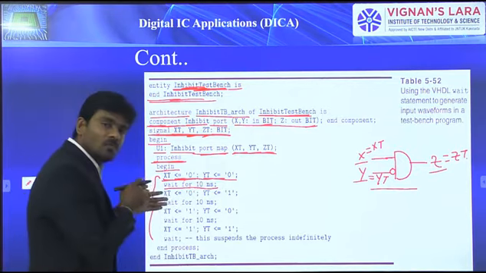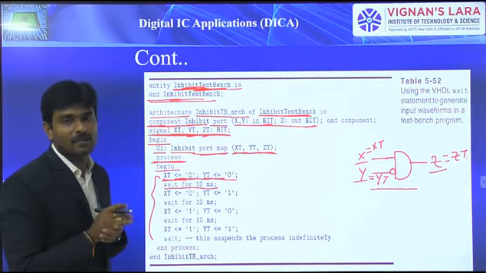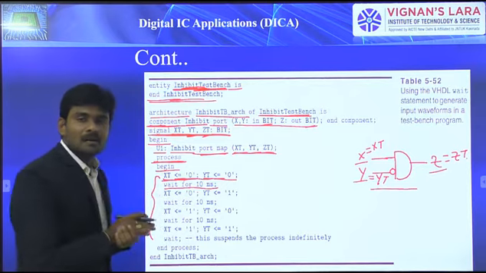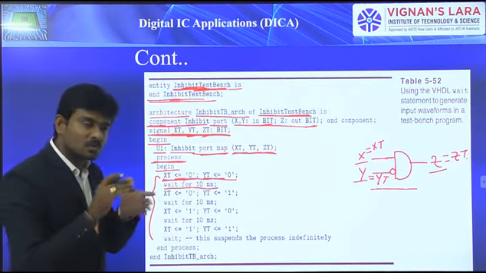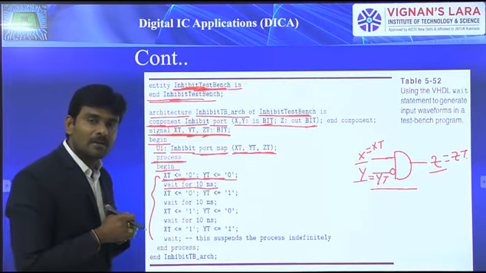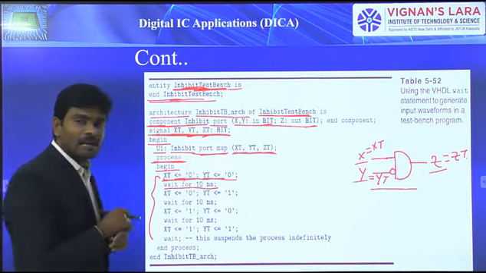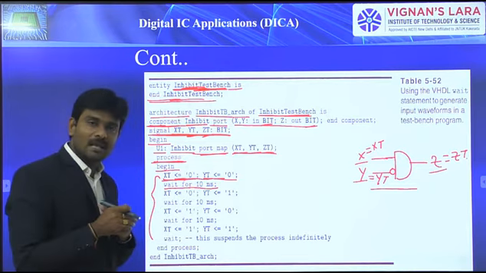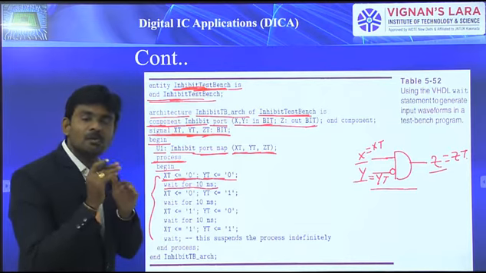Before that, we are supposed to suspend the process for a certain time period. Within that time, by applying these inputs, it can generate the outputs. Those outputs we can observe in the waveform. For that reason, our intention is that after applying the first sequence of inputs, we need to suspend the process for a certain amount of time.